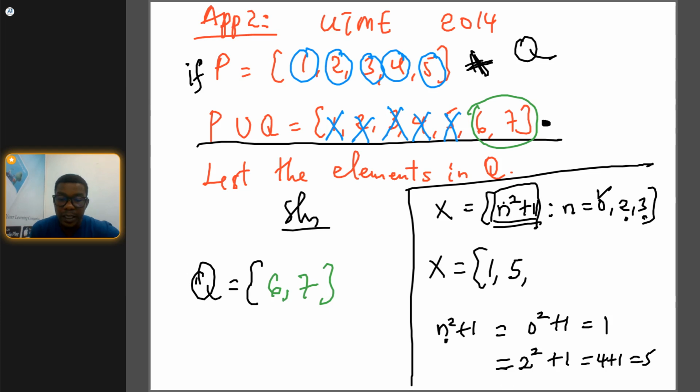All right, that is going to be 3 squared plus 1. That is 9 plus 1, and that is 10. So the next element will be 10.